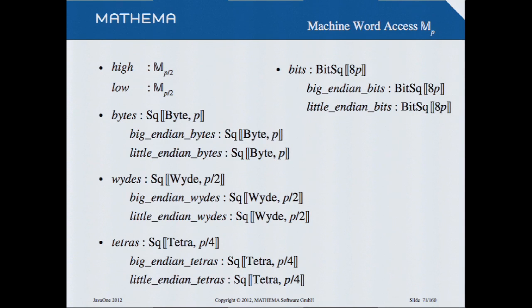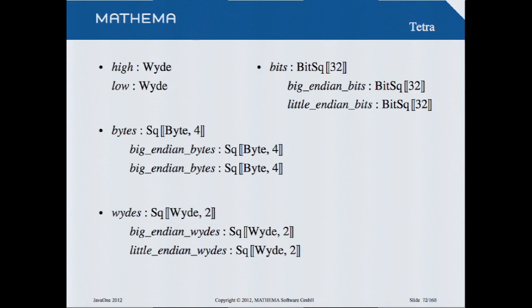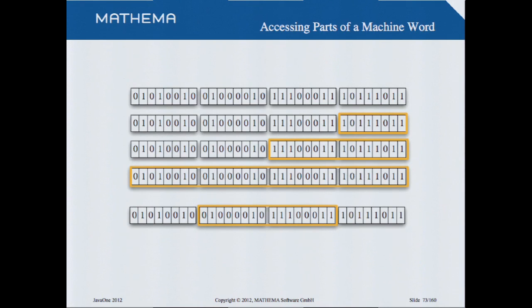Then you have several other possibilities to access a word. And this might be useful. You can always access the high part, the low part. You can access the bytes, the tetras, and so on. So you see, if I have a 32-bit tetra, then you can access the least significant byte, the least significant half.